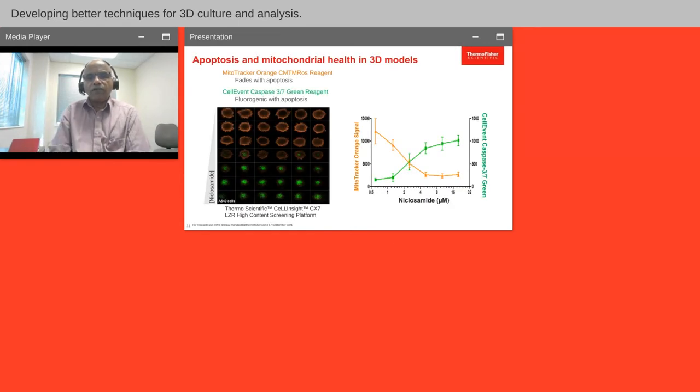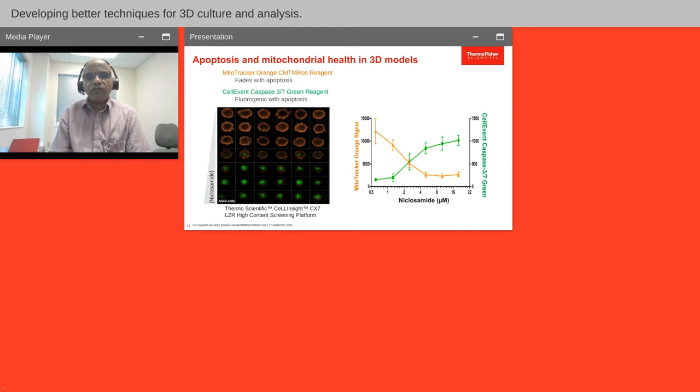Here's an example where we stained A549 cells after treating them with different doses of niclosamide, which is a drug that induces apoptosis and also causes depolarization of mitochondrial membrane potential. Here the rows show the replicates, where n is equal to 6, and then the columns show increasing concentrations of niclosamide.